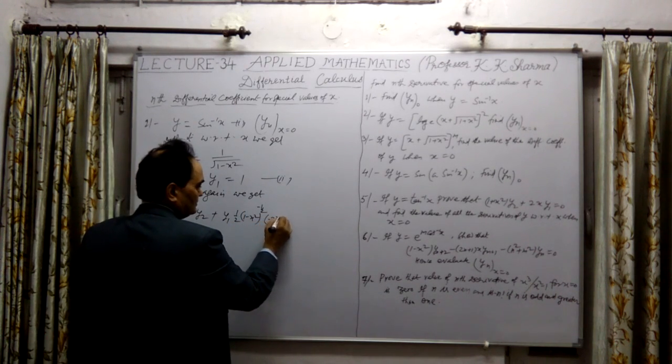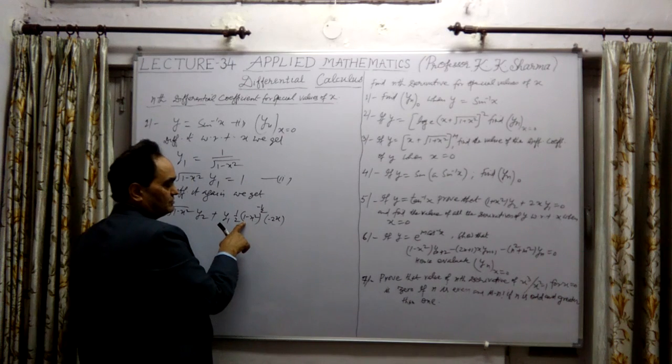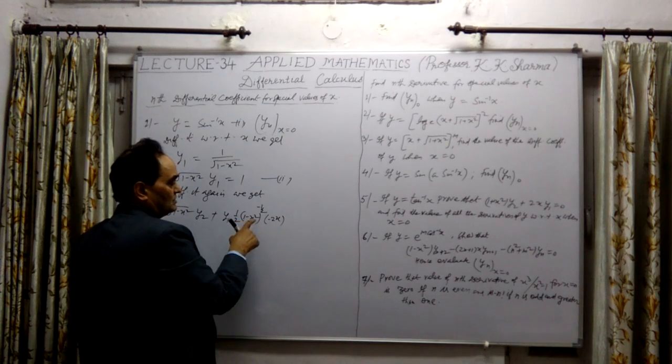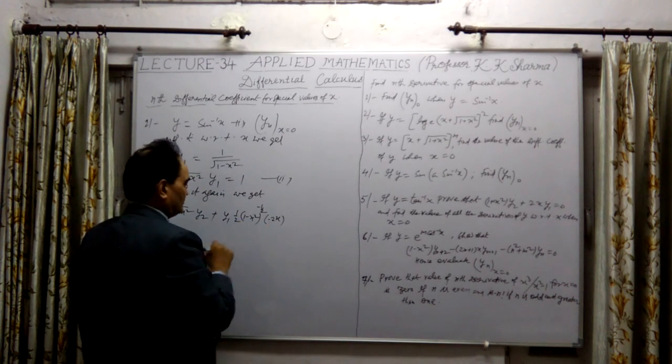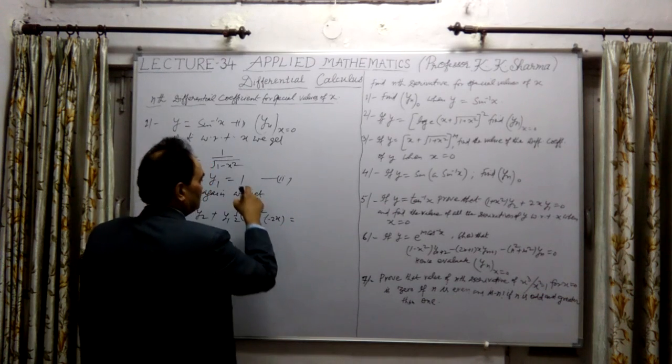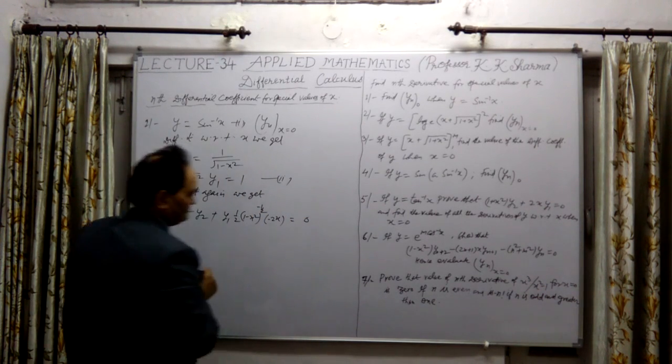It will be minus twice x, because the derivative of 1 is 0, and minus x square gives minus twice x. This is equal to the derivative of 1, which is 0.